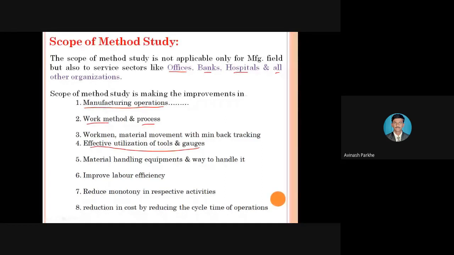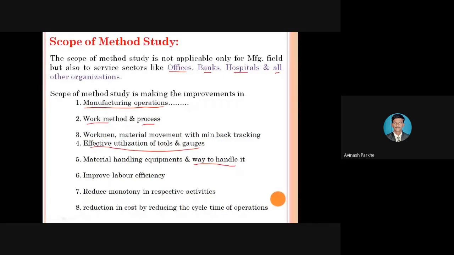Then material handling equipment and the way to handle it. Sometimes some small components are there, and some heavy duty components are there. In order to handle heavy duty components from one station to another station, we have to use material handling equipment. Maybe some cranes, some tractors, some trolleys, maybe chain drive or belt drive.